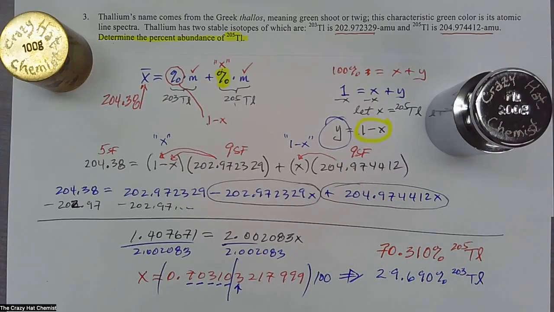So no worries if you did that. You just take that number and subtract it from 100 to get the other one. Hopefully that worked out really well for you.